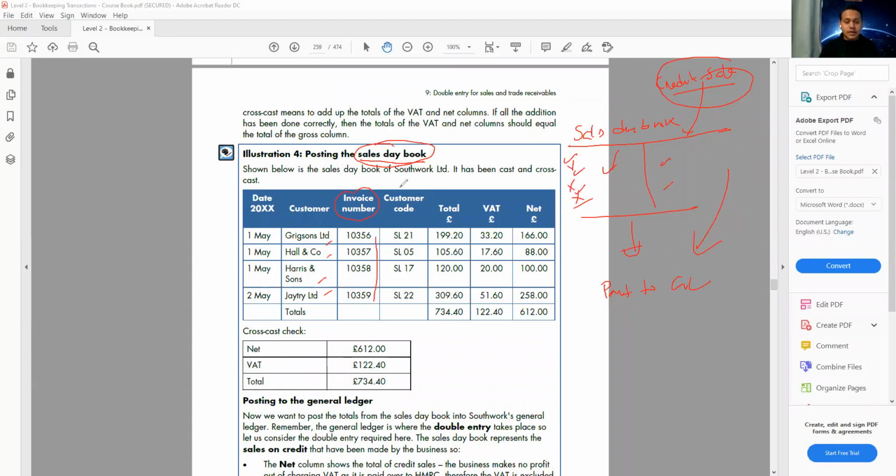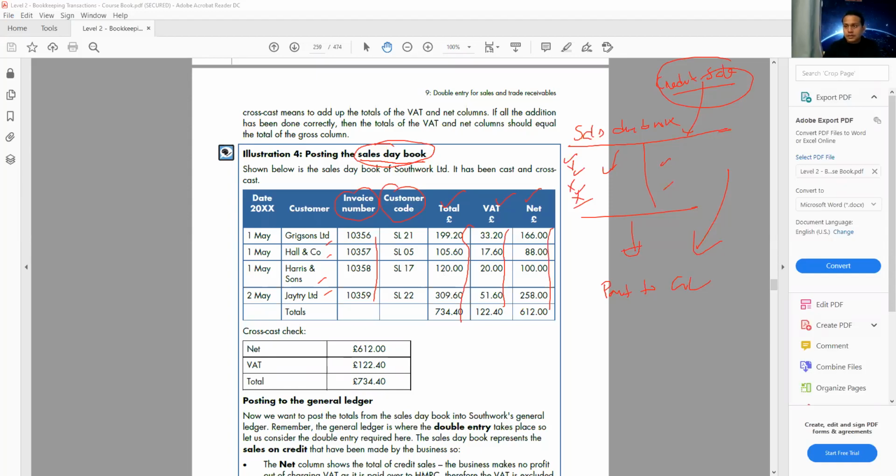Then we have a customer code. We know how to create the customer code, we did it before. So the customer code will be here. And total, VAT, and net. Total means how much you are actually receiving from the customer. VAT, how much was the VAT inside? And how much is actually for us, how much is the net? So these three columns have to be there: total, VAT, and net.